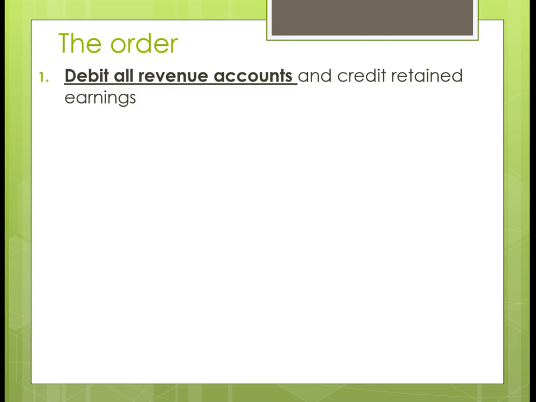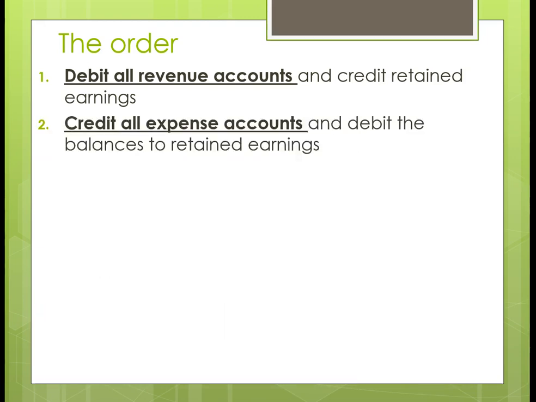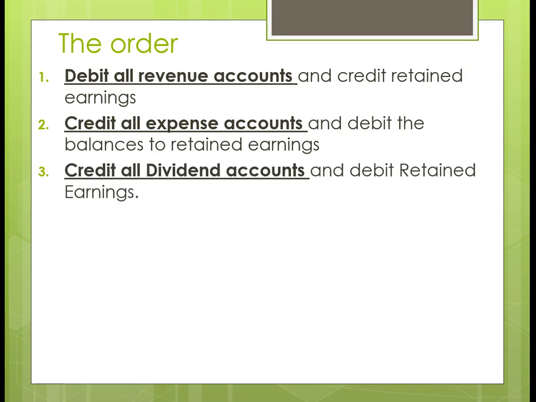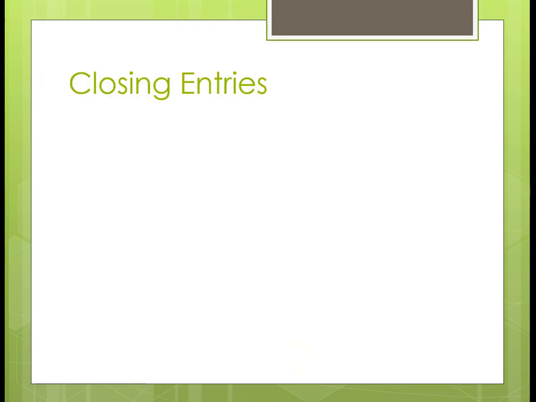What we're going to do is debit the revenue accounts and credit retained earnings. Then we're going to do our expense accounts. We're going to credit the expense accounts and debit retained earnings. Then the last thing we're going to do is zero out our dividends account and take that as a debit to retained earnings.